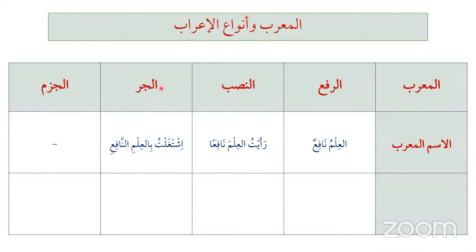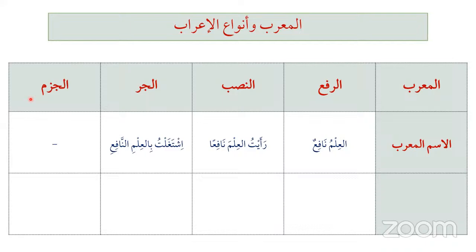Finally, we have another mood which is jazm, but we can't associate that with an ism, because jazm is a state when there are words like li, lam, lamma, and particles of condition like in. When these words come on fi'l mudari, they will impact them, like we will learn, inshallah, shortly.